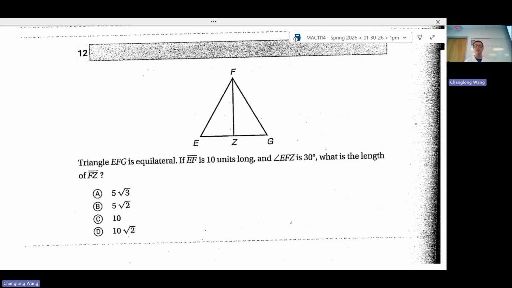Please, if you can, use the trig function, sine, cosine, tan, whatever.